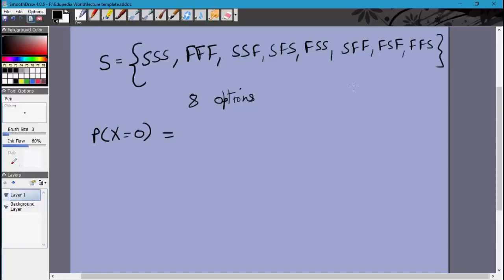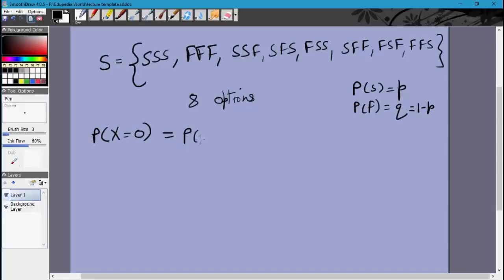So we will assume that the probability of success in any one case is p, small p, and the probability of failure in any one case is equal to q, which has to be 1 minus p, right? So in this case, the probability x is equal to 0. We get it when you have all 3 failures.